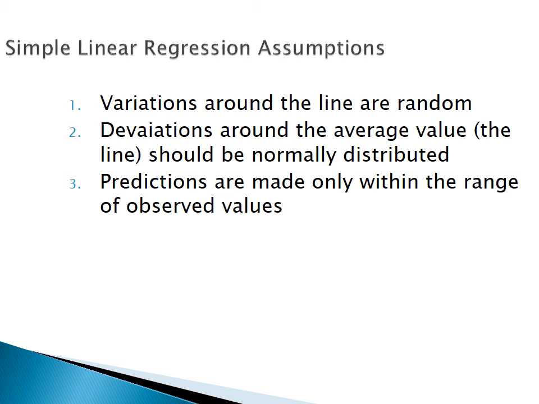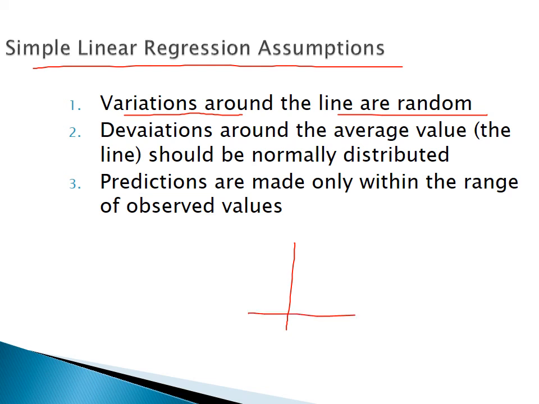Linear simple regression assumptions. There are some assumptions in regression as well, like in forecasting. The variations should be random. By random variation, we mean if we take a regression line, the actual can be higher or lower, so it should be random.